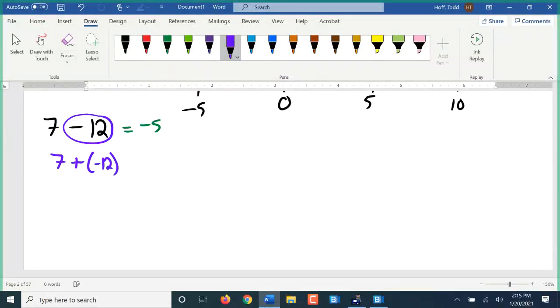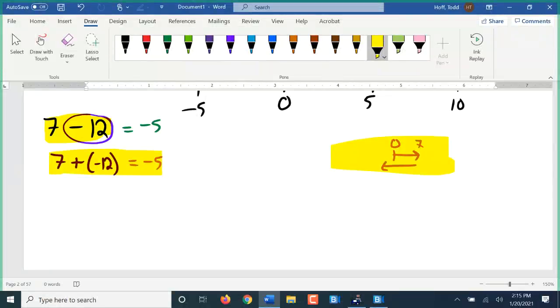And now, once it's addition, we can use those vectors. We've got positive 7. Negative 12, of course, is the opposite direction and a little bit longer. You can see it comes up to negative 5. So like I said, most of us can do this one without changing it. But if you struggle with it, change it to addition, and then you can just use that vector representation.